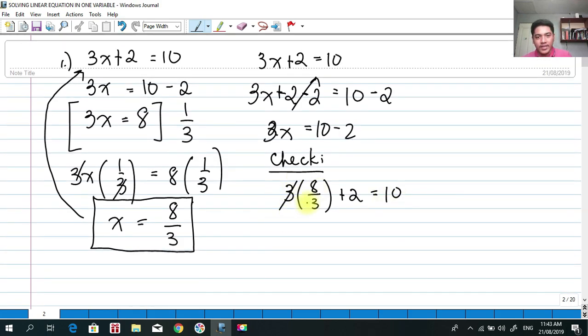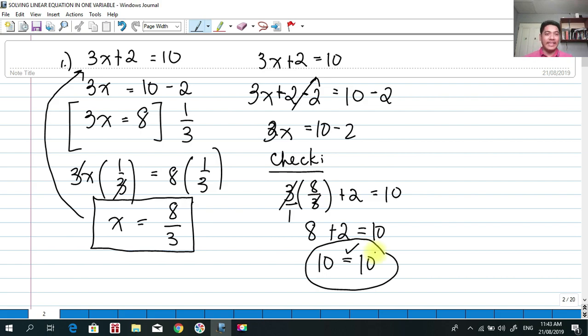These 3's will cancel because one is in the numerator and the other is in the denominator. So we are left with 8 plus 2 equals 10. So 10 is equal to 10. Our value of x is correct because of this equality.